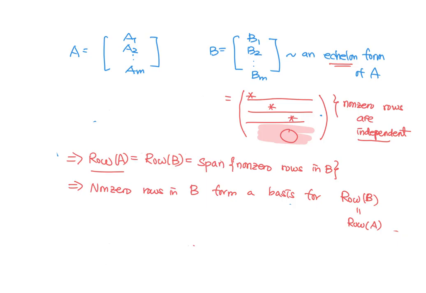And then I can identify the pivot columns in B. And then if you go back to A and choose those corresponding pivot columns in A matrix, then they will form a basis for the column space of A. And this slide shows that if I consider the non-zero rows in B matrix, then those non-zero rows in B will form a basis for the row space of B and also the row space of A matrix.